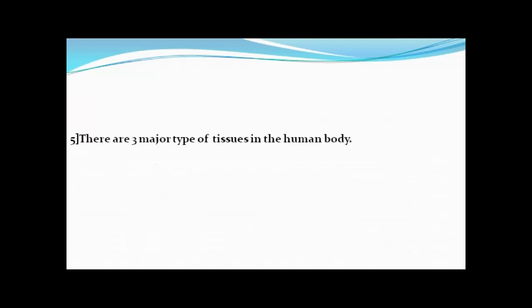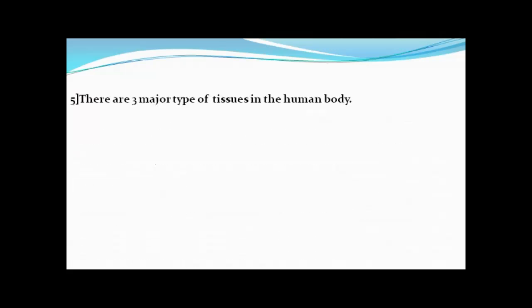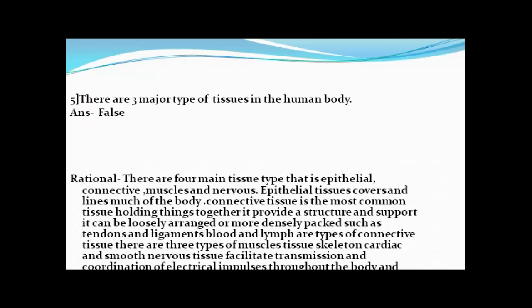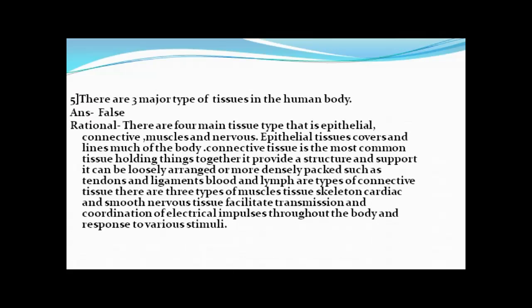Next question is, there are 3 major types of tissues in the human body. Answer is false. The rationale is, there are 4 main tissue types, that is epithelial, connective, muscle, and nervous. Epithelial tissue covers and lines much of the body. Connective tissue is the most common tissue, holding things together. It provides structure and support.